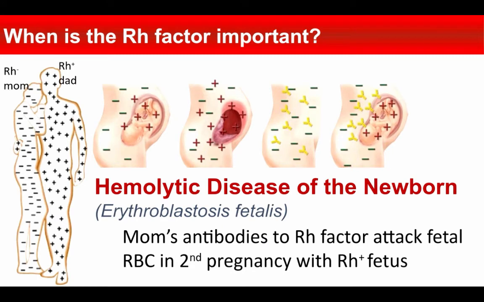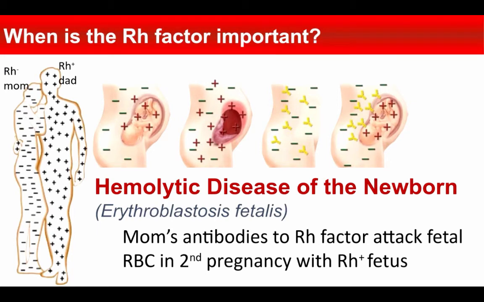The reason that we care about the Rh factor is that the Rh factor is genetic, just like the ABO factors are. If a woman is Rh negative, so her blood cells don't have that antigen, and she reproduces with someone who's Rh positive, the fetus may be Rh positive.